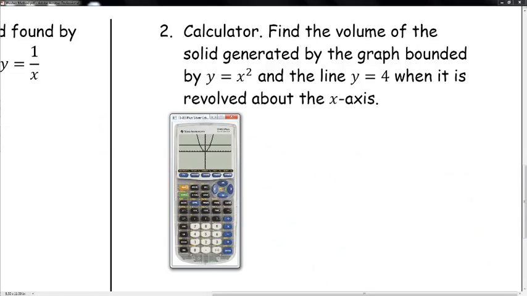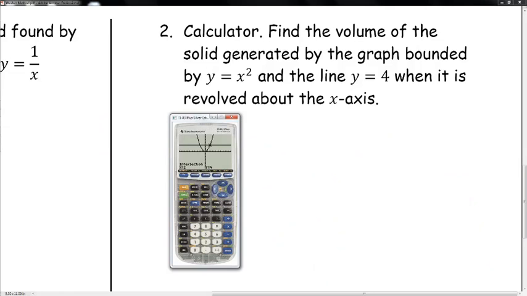And so I want to find my points of intersection. Looks like it's going to be from -2 to 2, but just double check. So I'm going to do intersect, first curve, second curve, and then I get one of them is 2, 4. So I know that over here it's going to be -2 as well. So we know our bounds.